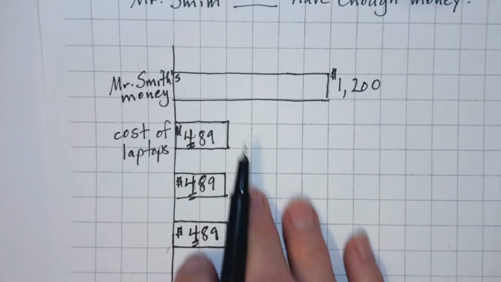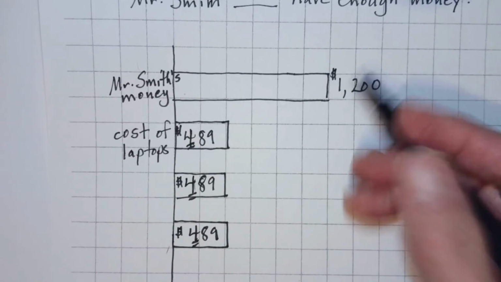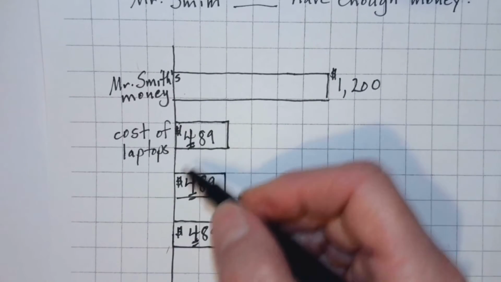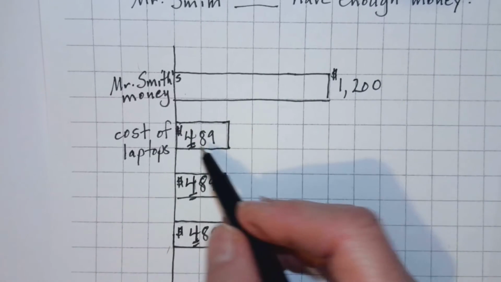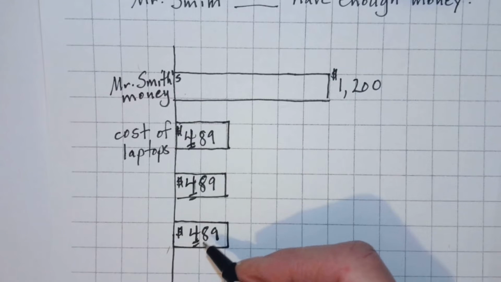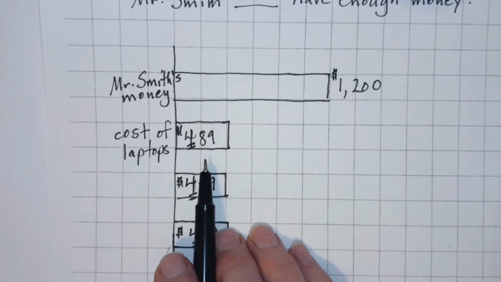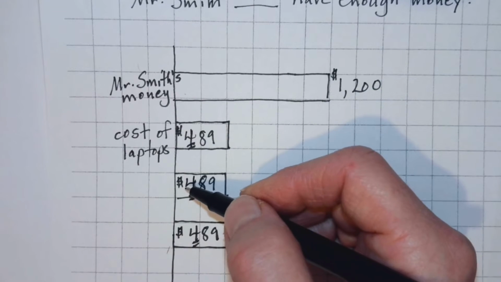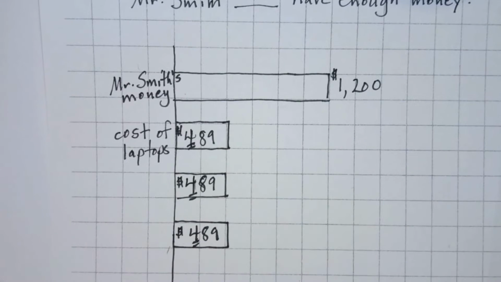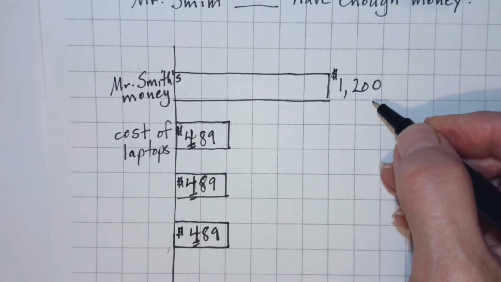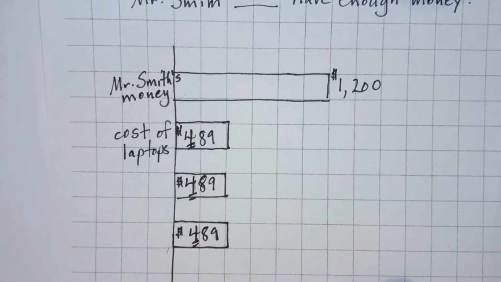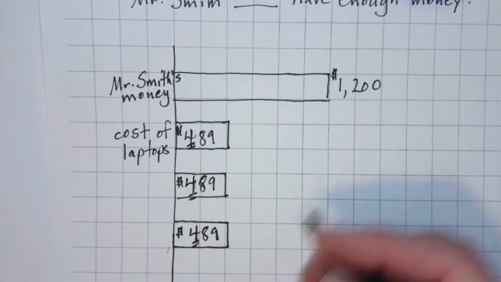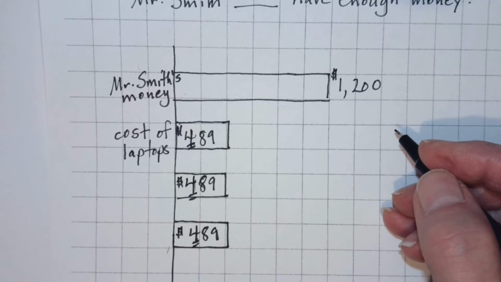So without even having to solve how much it's going to cost, which I will do, but just to show you a strategy, without even doing that, I can see he's not going to have enough money, because 400 and 400 and 400 would be 1,200, and it's still $89 more for each of those. So I already know he doesn't have enough, but I don't know how much more money he needs.